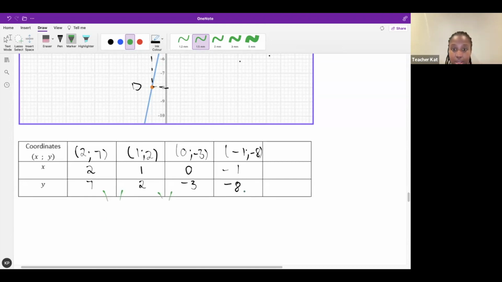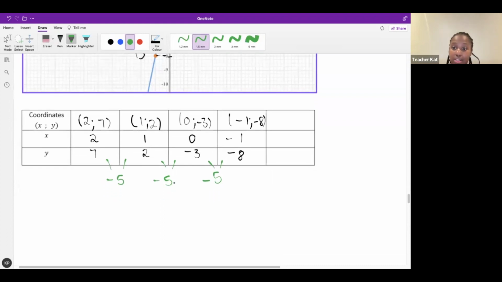From there to there? From there to there. Nice. -5, -5, -5, which means -5 will be my, what's my magic word? -5, nice. We have found our multiplier. And we'll start off from here on Thursday because we will be doing graphs on Thursday.